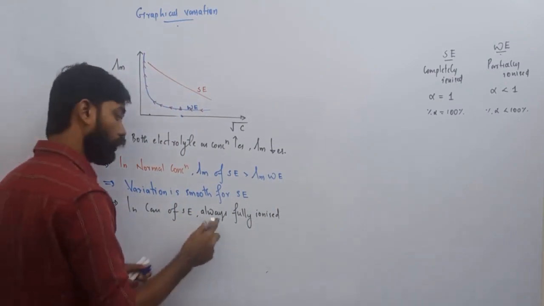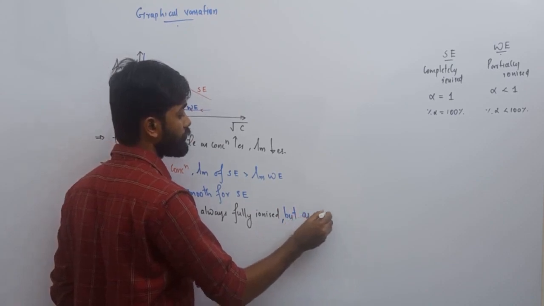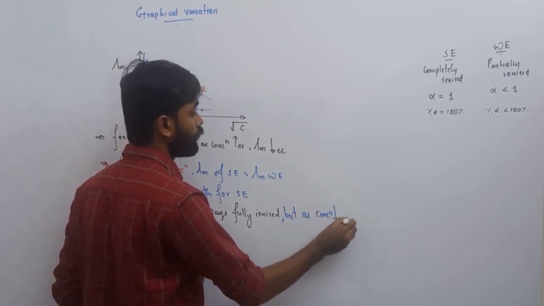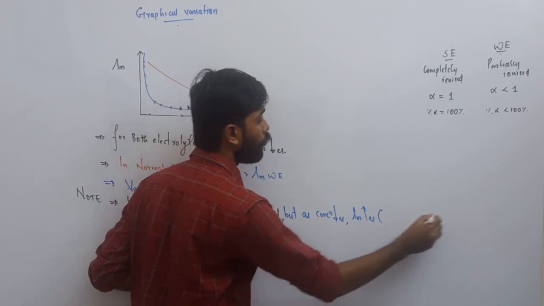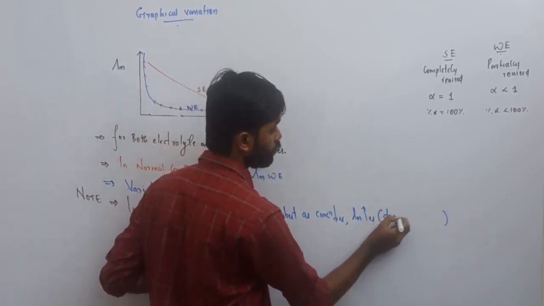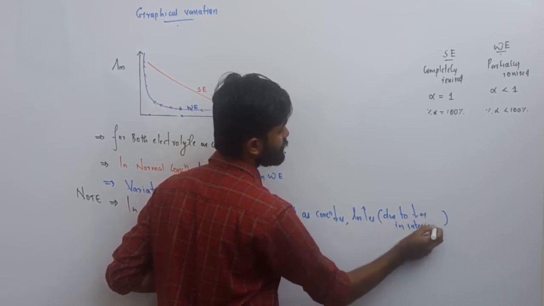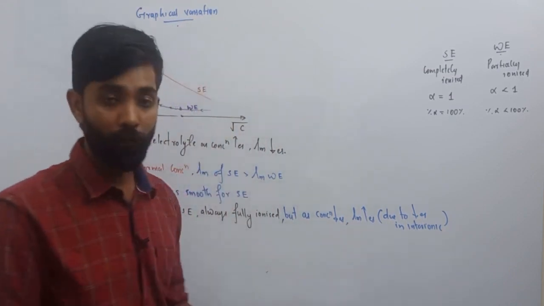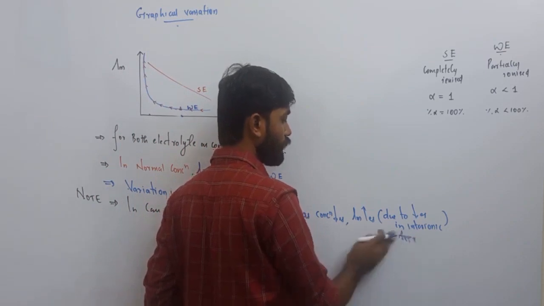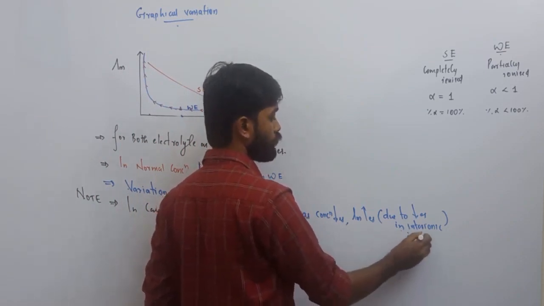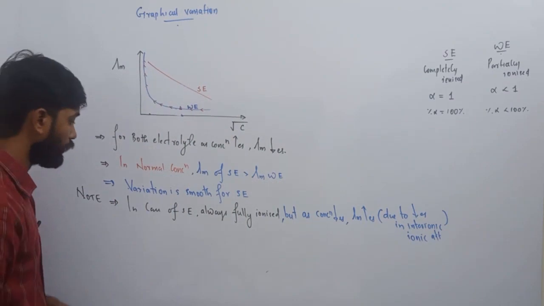So in the case of a strong electrolyte, it is always fully ionized, but as concentration decreases, lambda m increases, due to the decrease in interionic attraction. Because as dilution increases, we get a lot of space, so interionic attraction decreases. That is the reason for the increase of conductivity for a strong electrolyte.